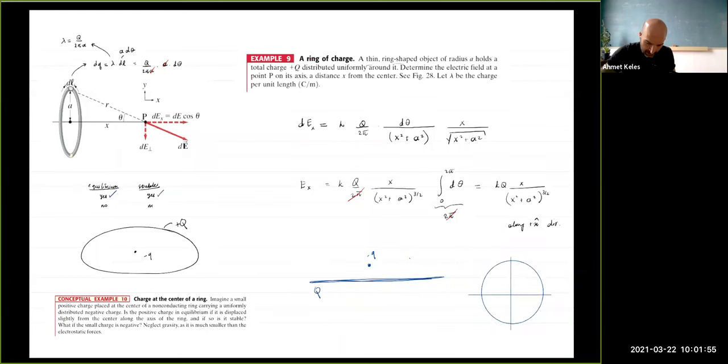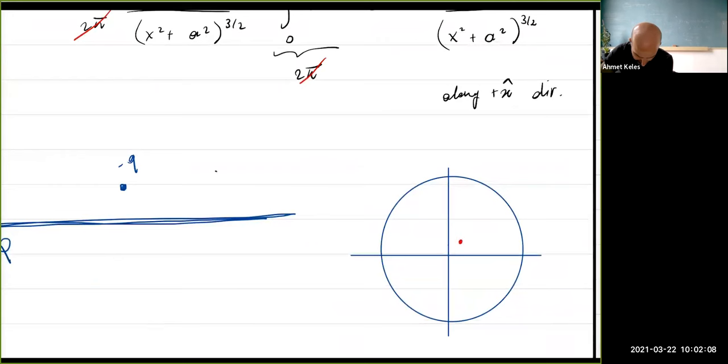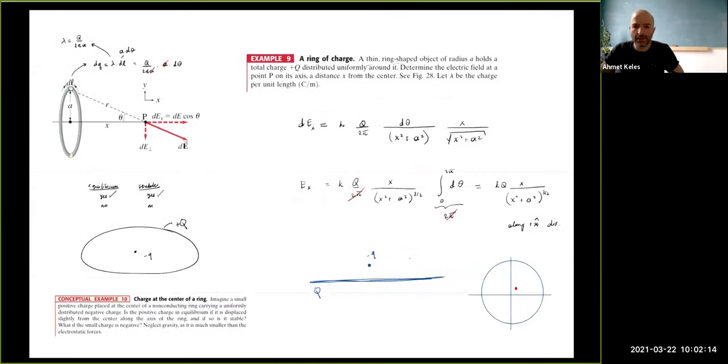And so far, our charge was here, right in the center. I'm not saying do it, but think about this. Put your charge a little bit off center here. And let's see what happens, okay? At least for the moment, I'm not interested in that.